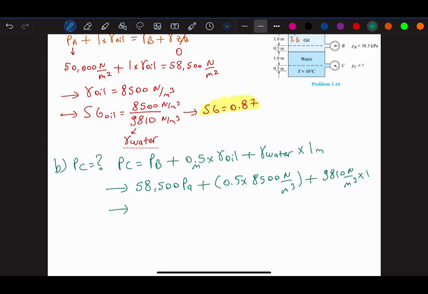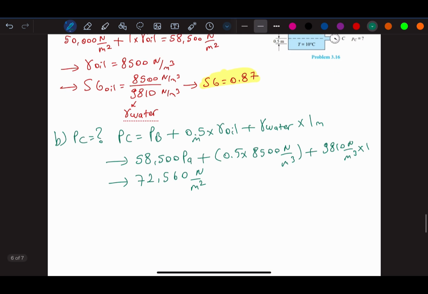So from here, we are going to get 72,560 Newton over square meter, or we can say 72.6. So this is Pascal, and this is kilopascal.